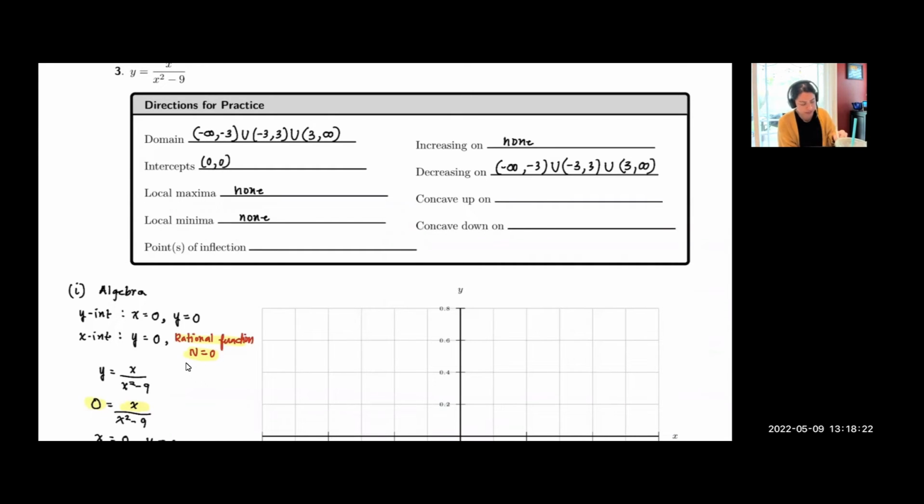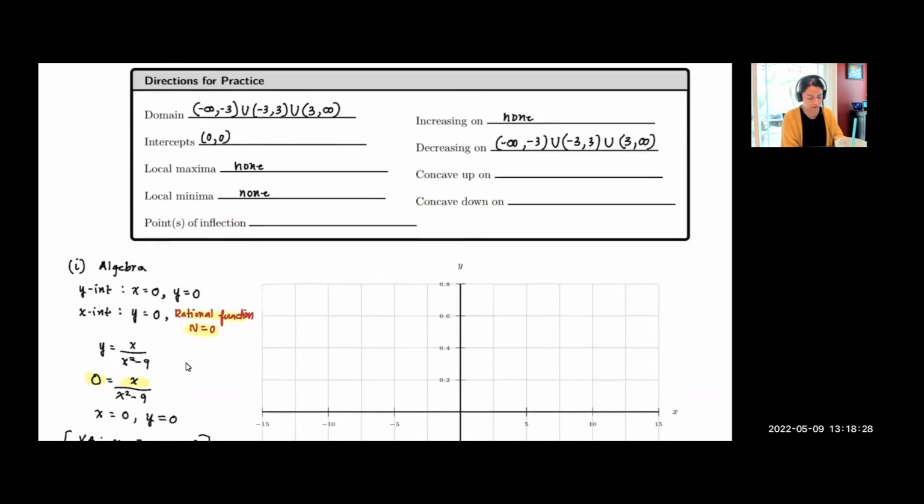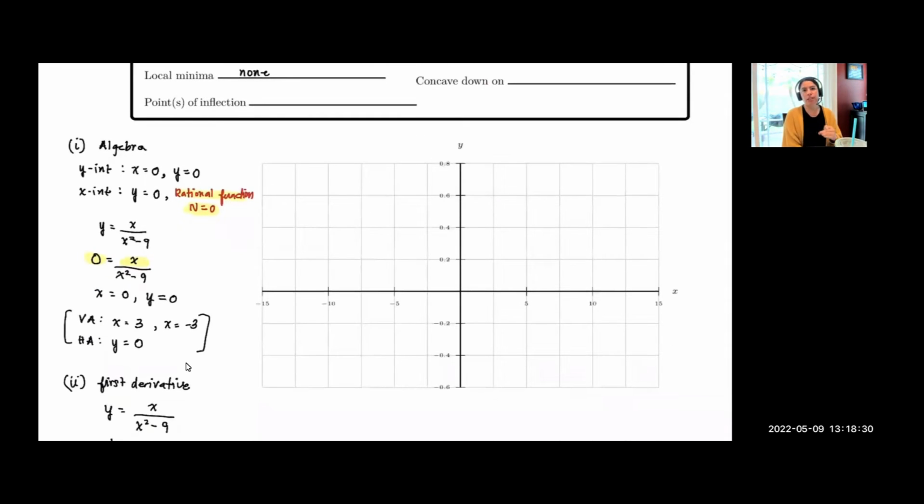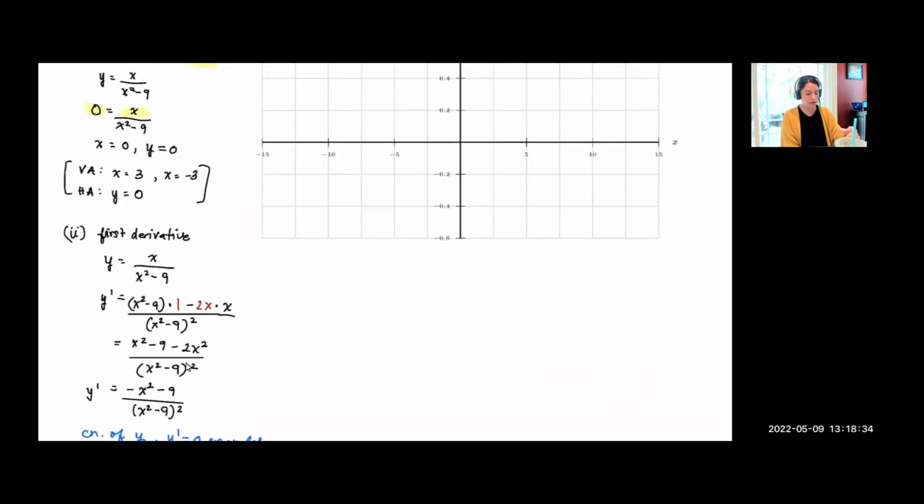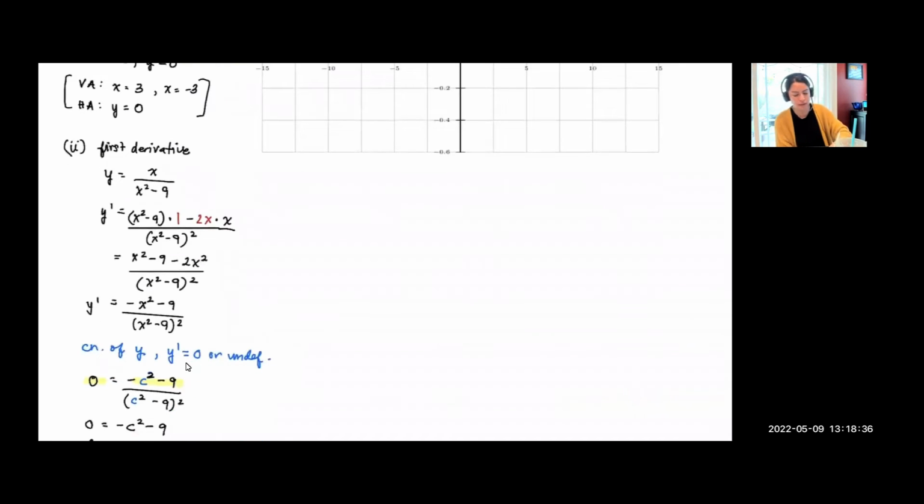All right, and now we can see the last piece are the second derivative category. So now we can do the second derivative. Again, methods never change, only problems do. Algebra first, whatever that entails, first derivative, and now we can do the second derivative. So let's go ahead and do that.